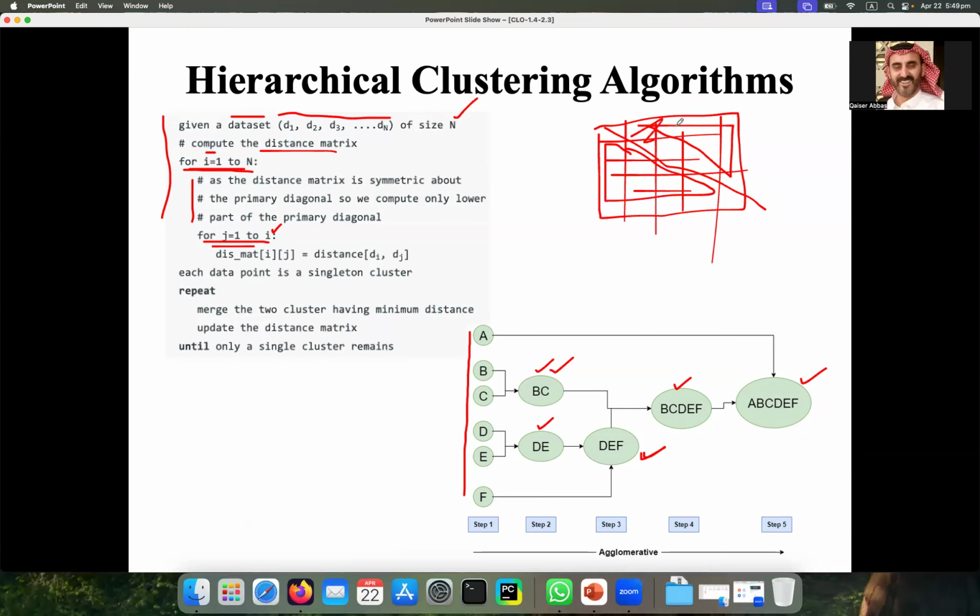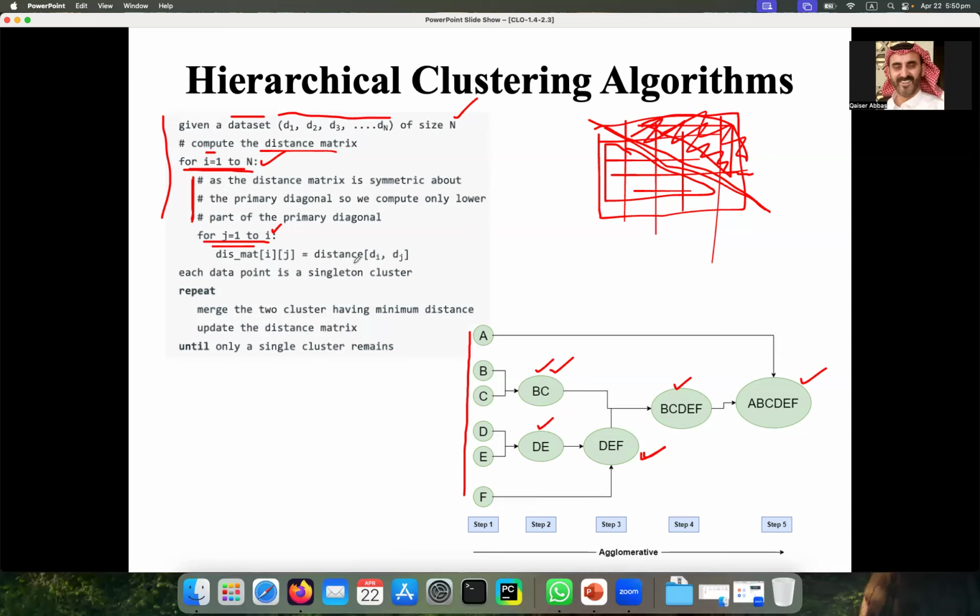So we are ignoring the values in the upper portion of the diagonal, and we are taking care of only the values which are lower than this diagonal. Due to this reason, you have the loops like that, starting from 1 to n, and the other loop is from 1 to that i. So for 1,1, then 2,1, 2,2, 3,1, 3,2, 3,3, and so on, lower values than that, we are not going to calculate the upper values because they would be the same.